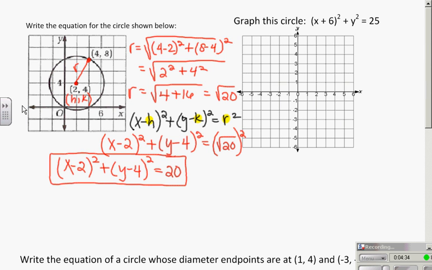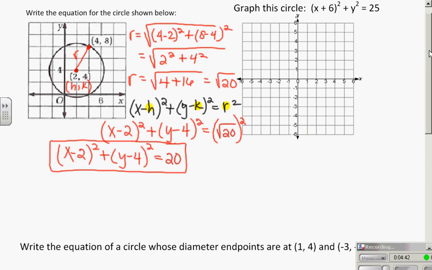Now, the next type of problem that we can do is given an equation, graph it. So if this is my equation up here, and I think about (x minus h) squared plus (y minus k) squared equaling r squared, this plus 6 doesn't seem to fit my formula. So what if I rewrote this as x minus negative 6?